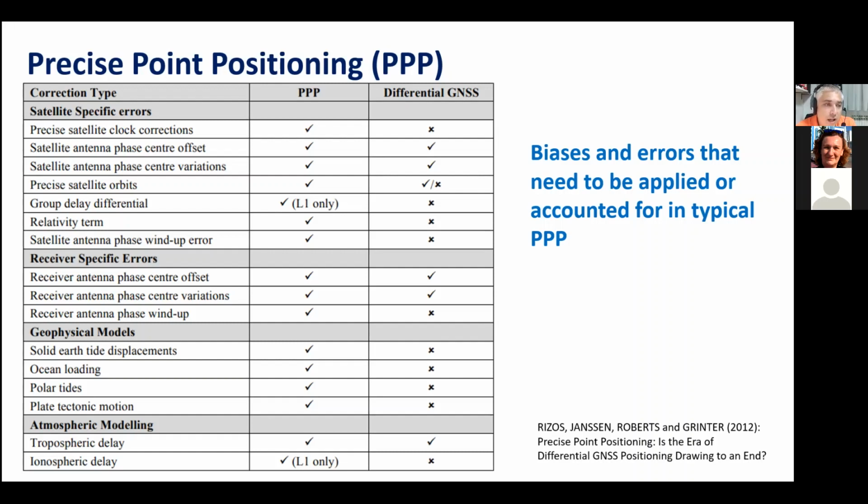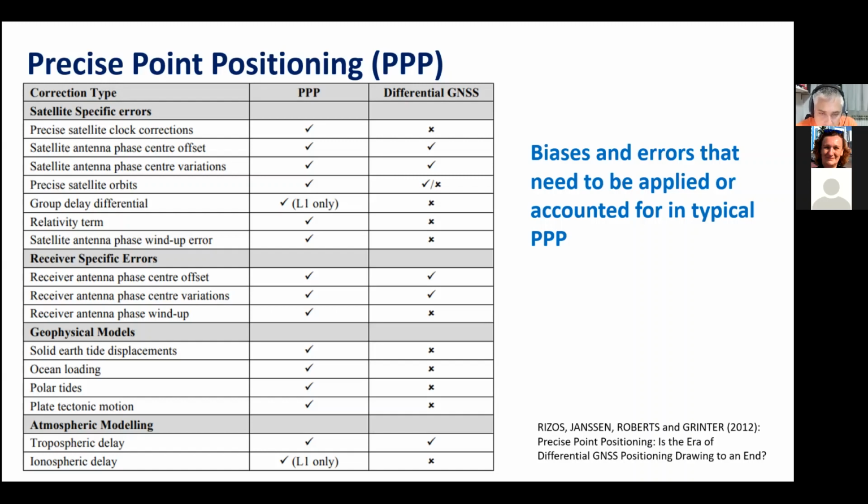Two additional error sources which have to be taken into account for PPP are the relativity term and the satellite antenna phase wind-up error. When we are talking about receiver-specific errors, namely the phase center offset and phase variation, in addition to the phase wind-up, all those have to be taken into account for PPP.